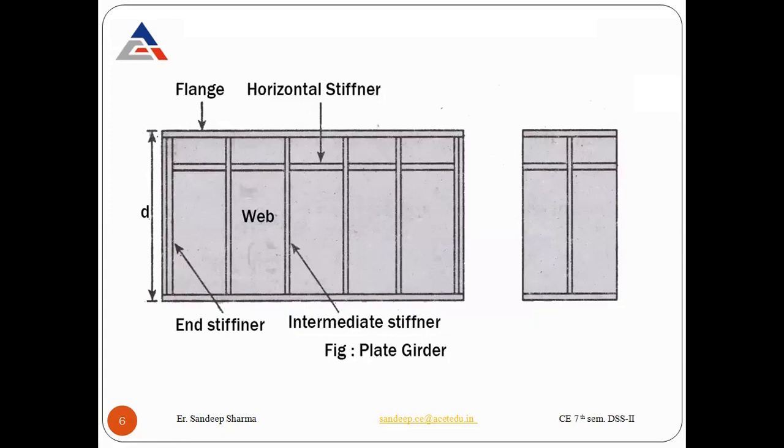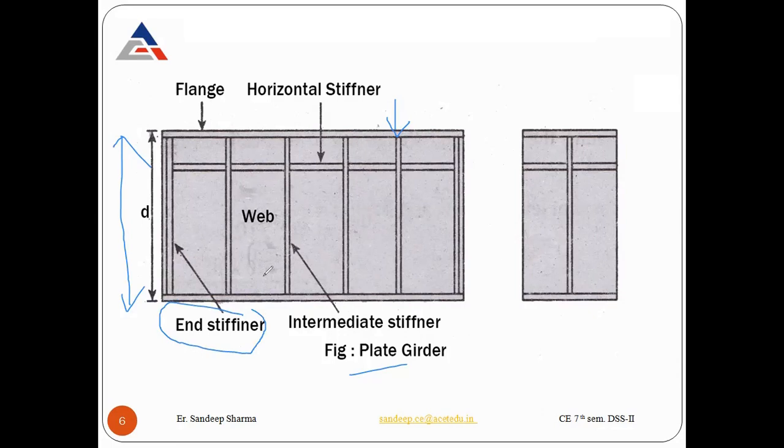Yes. So in the previous slide, I was talking about the web stiffeners, the end stiffeners and the intermediate stiffeners. This is a section of the plate girder that you can see from this side. This is the flange part, and this is D, the depth of that section. These are the end stiffeners, the stiffeners at the end of this plate girder.